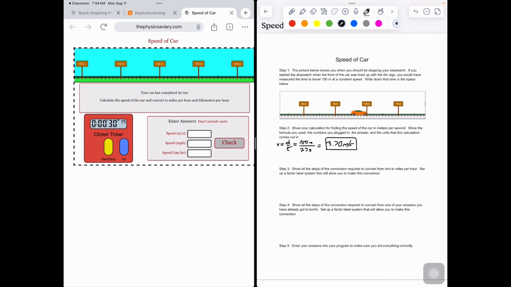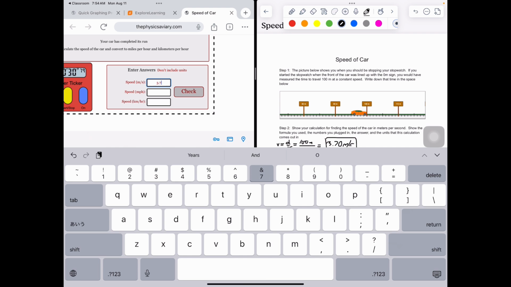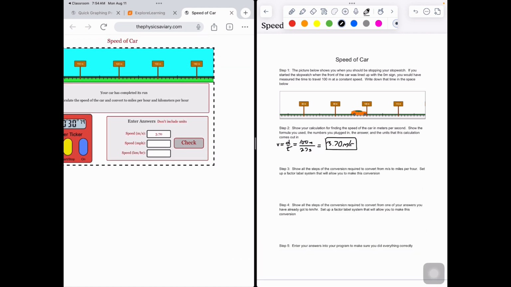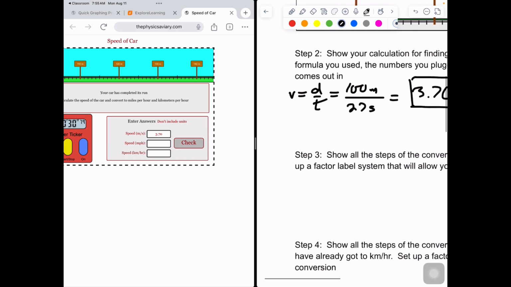Okay, now in this particular lesson here, you also have to convert between meters per second, miles per hour, and kilometers per hour. So let's go ahead and list the values that we have. So for step 3, you're going to convert from meters per second to miles per hour. So note that 1 meter per second, this is the conversion factor for it, is equal to 2.237 miles per hour.